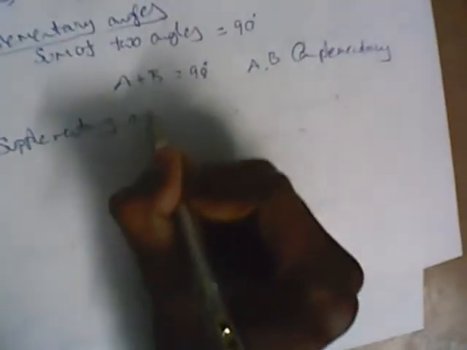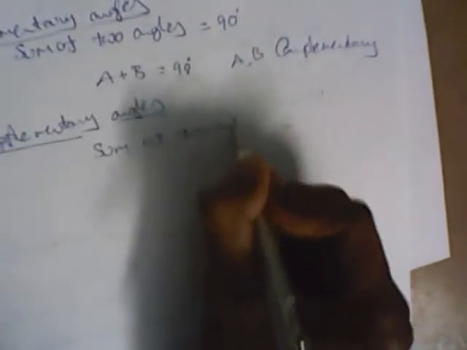Now supplementary angles. If the sum of two angles is equal to 180 degrees, that is, A plus B is equal to 180 degrees, then A and B are said to be supplementary angles. Okay, it is the concept of the total angles covered here. So, supplementary angles, complementary angles.